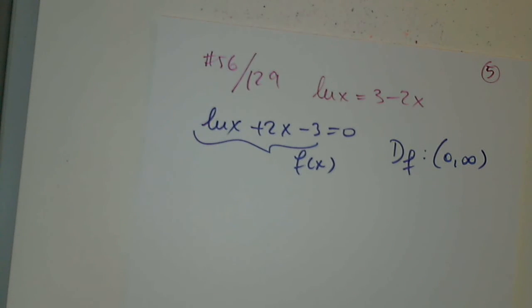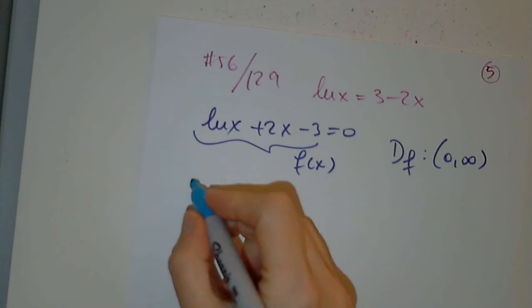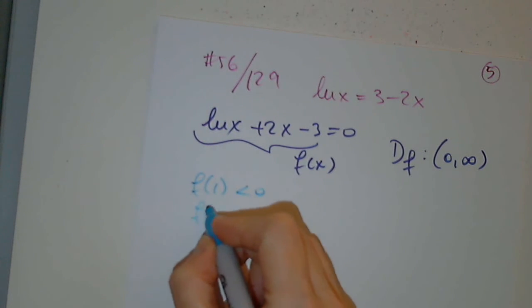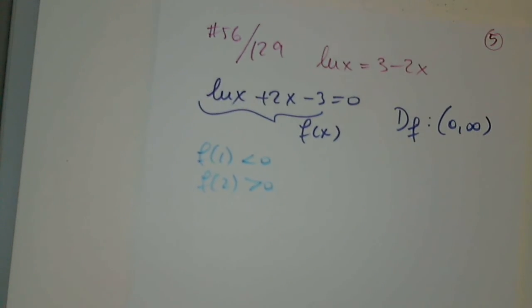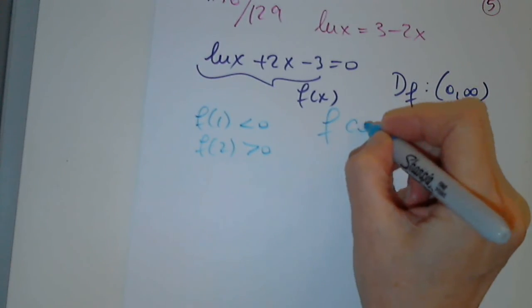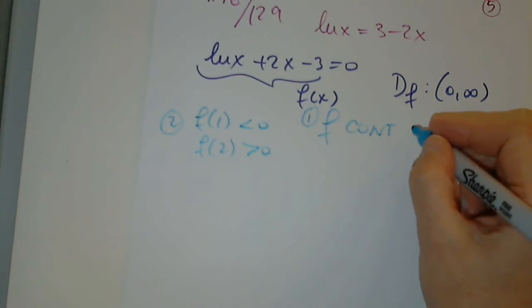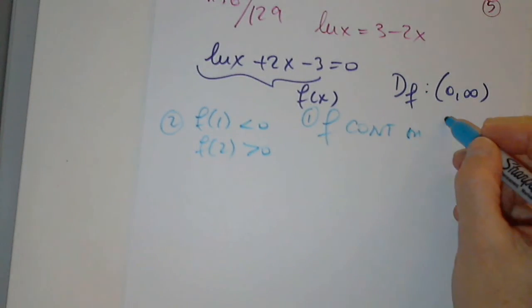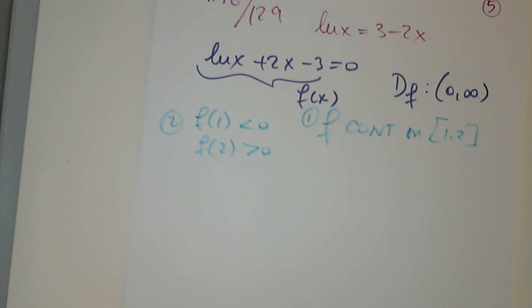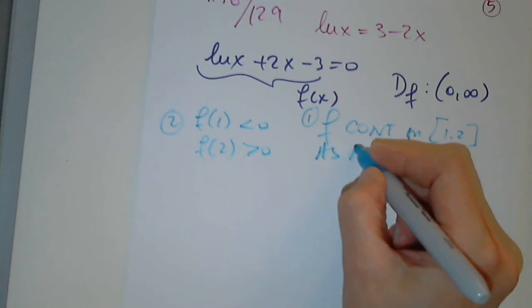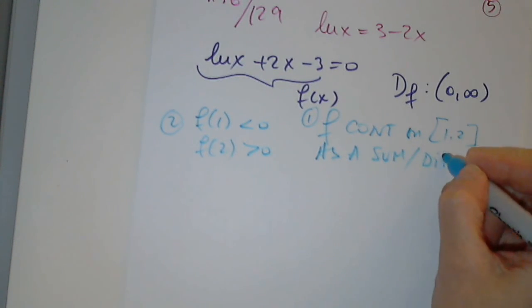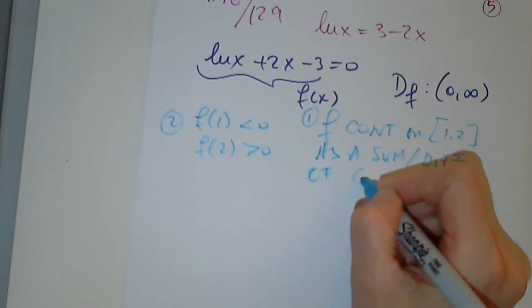So therefore, we will write that f of 1 is negative and f of 2 is positive. This should be number 1 and this is number 2. F is continuous on at least the interval [1, 2], of course, as a sum or difference of continuous functions.